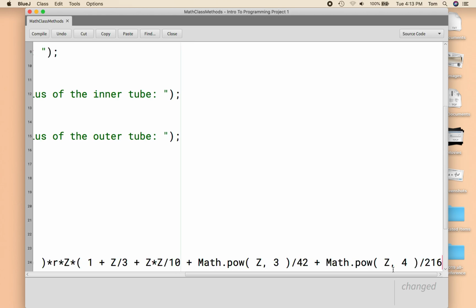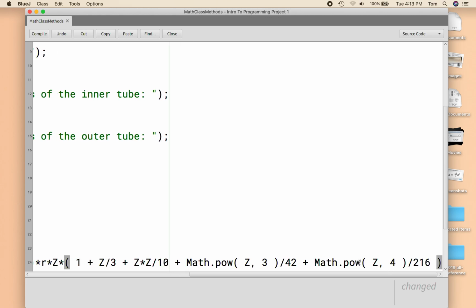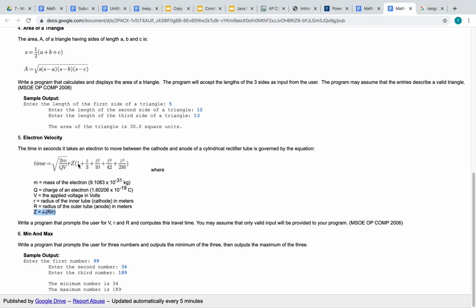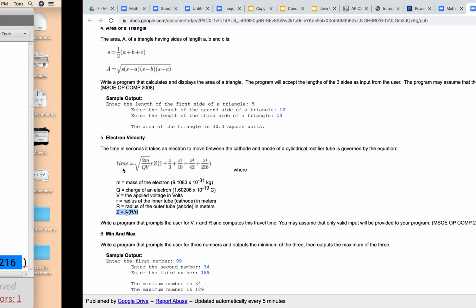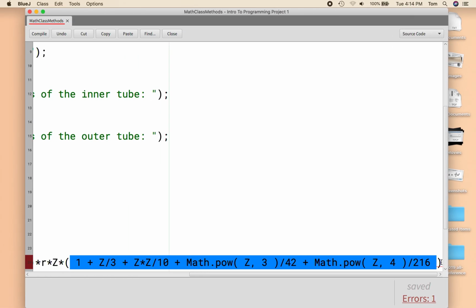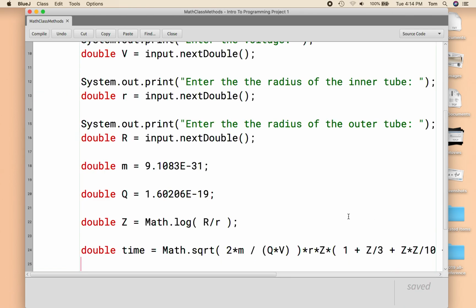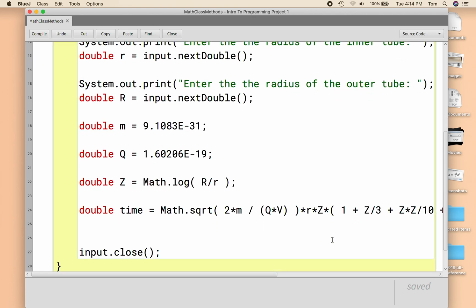All of that is in this set of parentheses right here. So that right there that I'm highlighting is this right here. At the end of this, we can just go ahead and put a semicolon, and that should give us all of time.